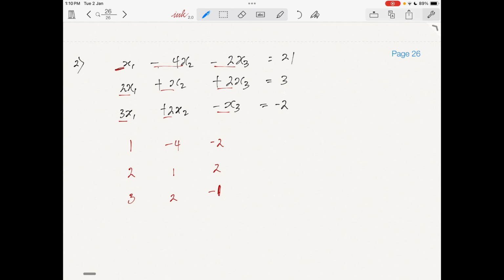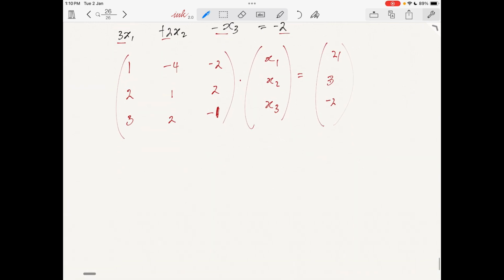Now, since it is all multiplied by x1, x2, x3, and it is equated to 21, 3, minus 2, let's change it now to an augmented matrix.